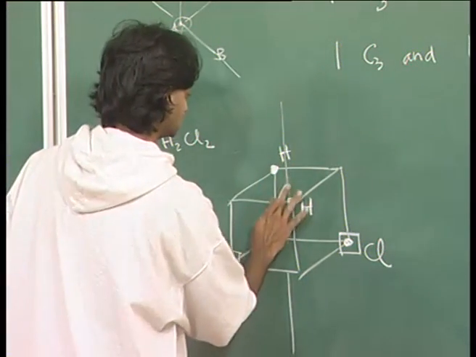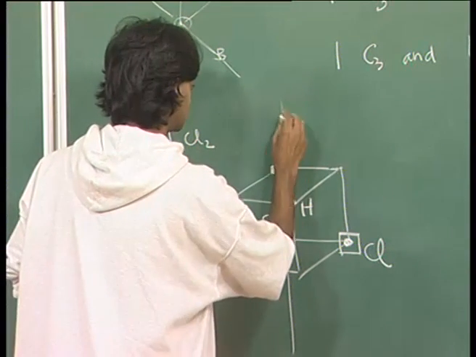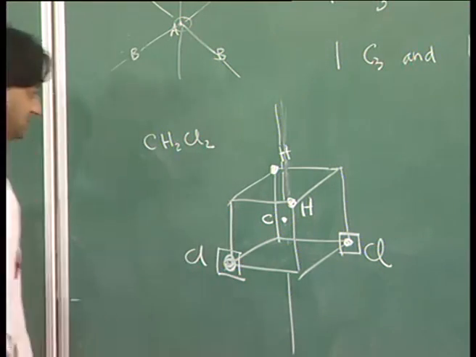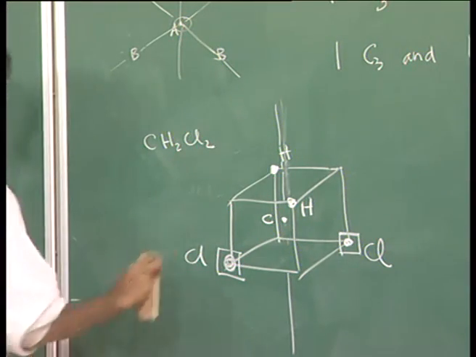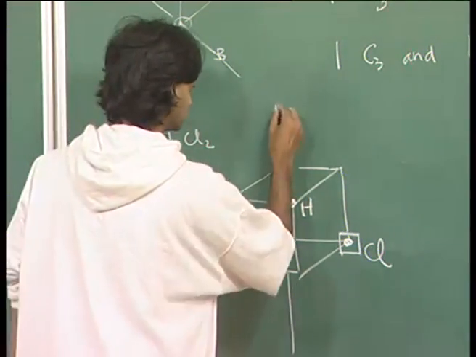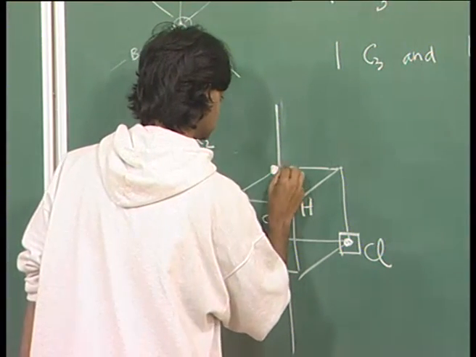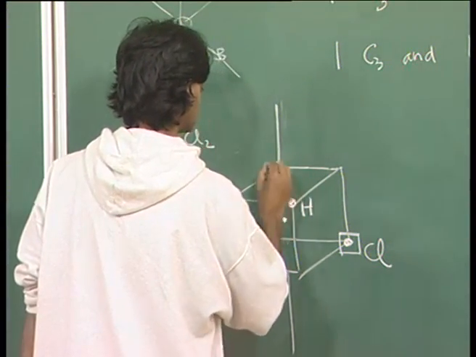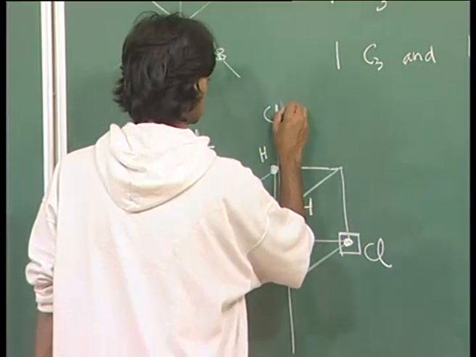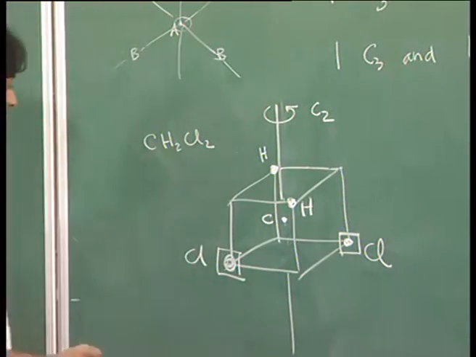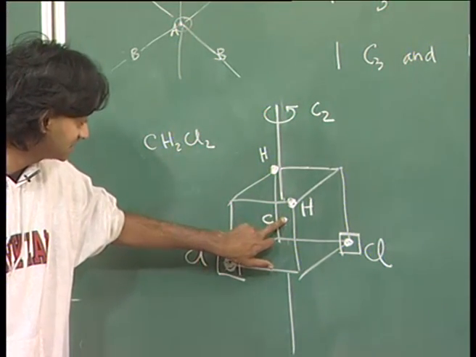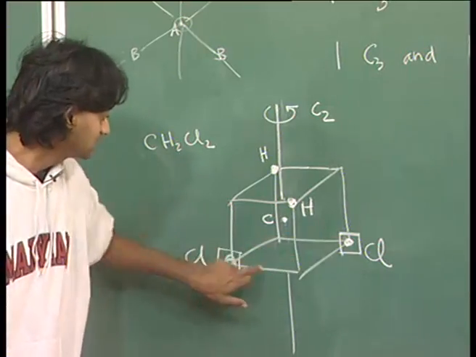So, this axis is a C2 axis, because if you rotate by 180 degrees, the carbon is on this axis, these two are at opposite ends.